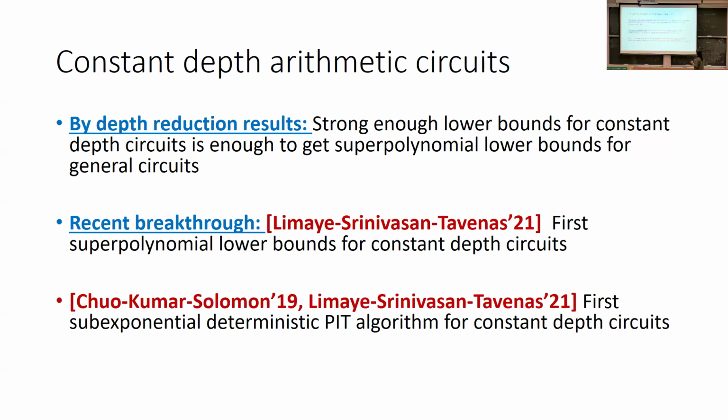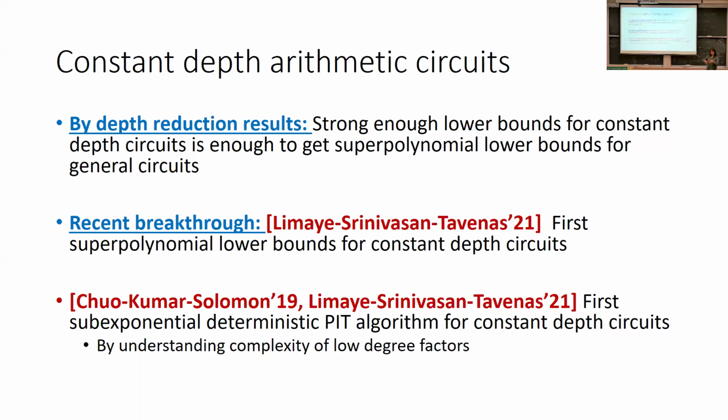And Chou, Kumar, and Solomon, using hardness-randomness trade-offs, we now also know the first sub-exponential time deterministic PIT algorithms for these circuits. And these PIT algorithms followed from the lower bounds by understanding the complexity of factors of constant depth circuits.